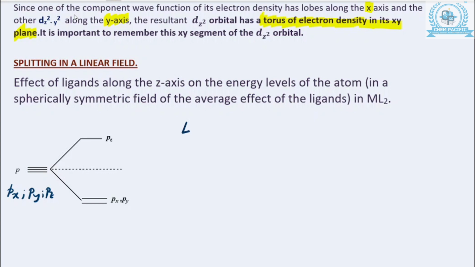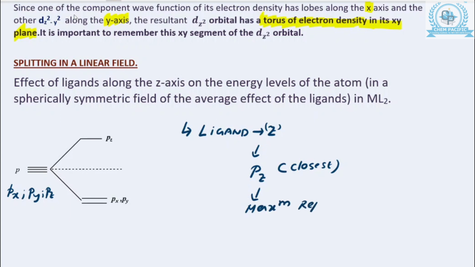And that is why if the approach of the ligand is along the Z axis, then the orbital pz, which is lying along the Z, is closest to this, and it is experiencing maximum repulsion. And as a result of which, its energy is going to increase.